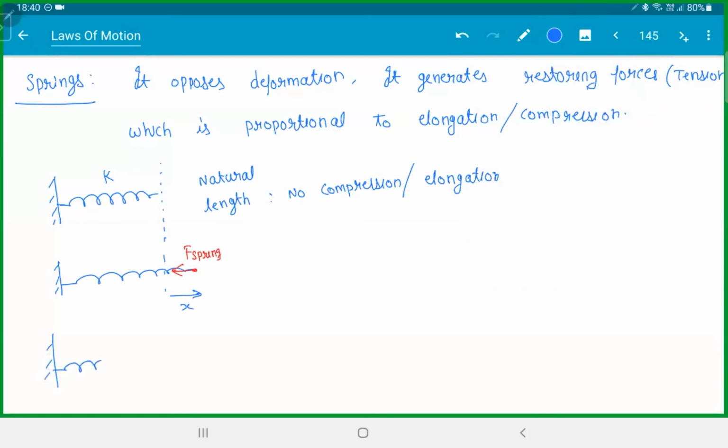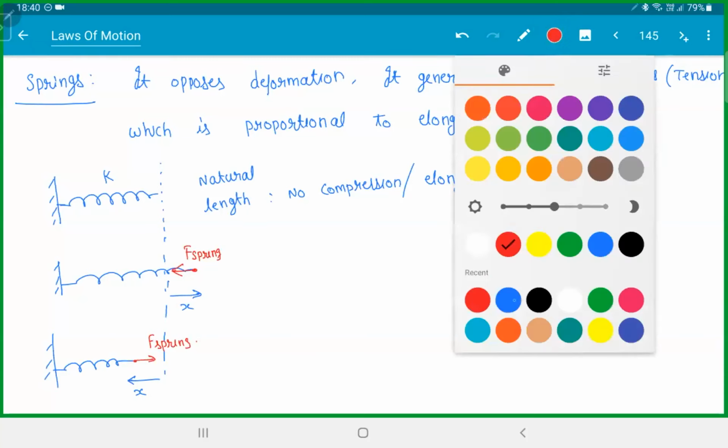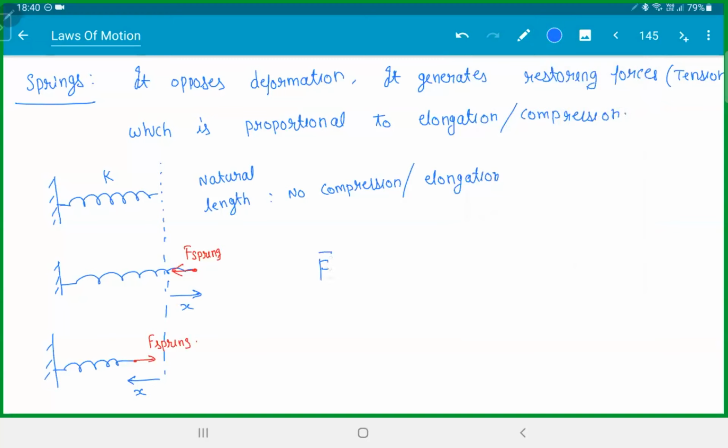If you push the spring, it will push you back. So if you look at the forces here, the force due to a spring is minus k into x vector. Can you see? Because F and x are opposite. The negative sign indicates opposition.